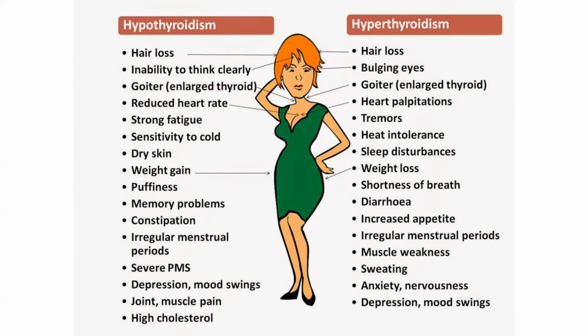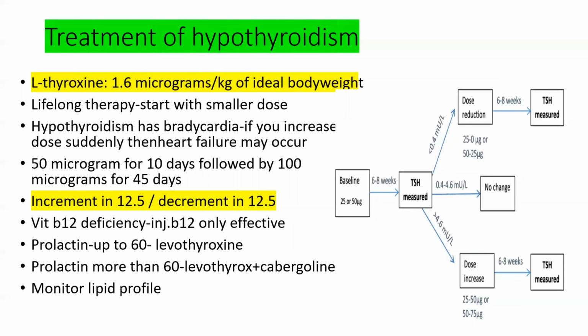Whereas hyperthyroidism has goiter, heart palpitations, tremors, anxiety, sleep disturbances, heat intolerance, weight loss, hair loss, diarrhea, increased appetite, irregular menstrual periods, muscle weakness, depression and mood swings.